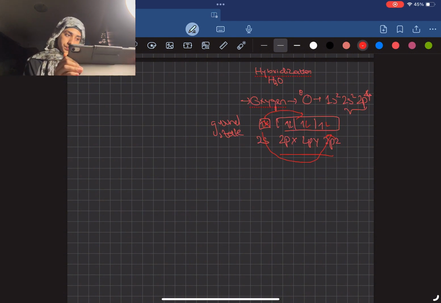In order for this to work out, I need to have my s orbital over here, because if you look at the electronic configuration, it's 1s2 and then 2s2 and then 2p comes in. So 2p can't just exist like that. You need to have 2s. Well, you can at least have one electron in it, but even if I were to use this one electron and add it over here, this still wouldn't become stable. So there's no point in even using that electron. So this just remains like this.